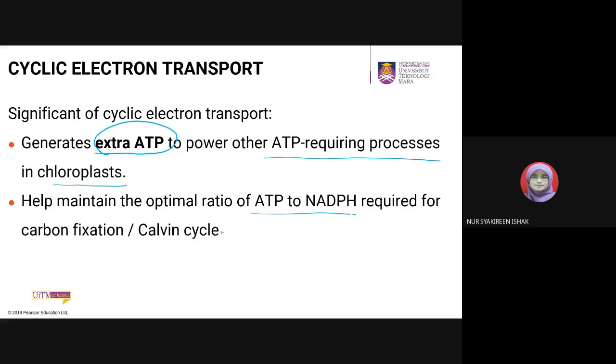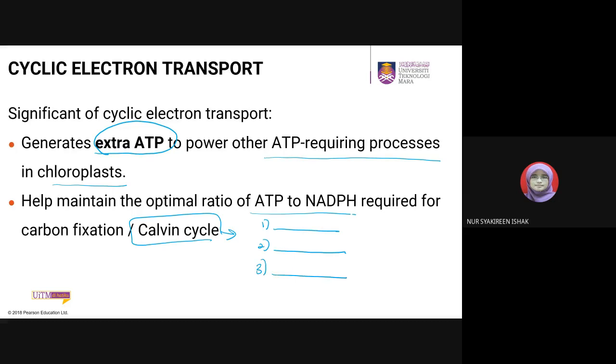So ini untuk memastikan akan ada lebih banyak ATP molecule. Okay, sebab kalau nanti kita tengok masa Calvin cycle ni dia ada 3 phase. Okay, phase 1 is carbon fixation, phase 2 is reduction phase, phase 3 is regeneration phase.